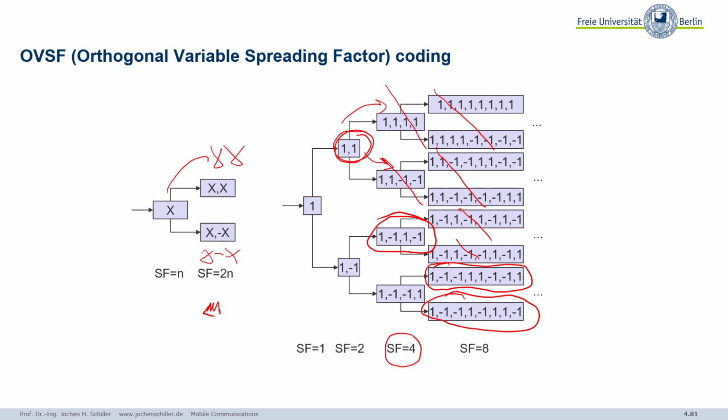So this is a way of supporting 4 data streams with different data rates. But as you can see, you cannot implement arbitrary spreading factors. So that means you cannot support arbitrary data rates because of this way of constructing the coding tree.